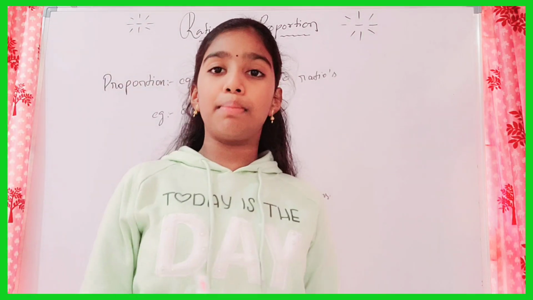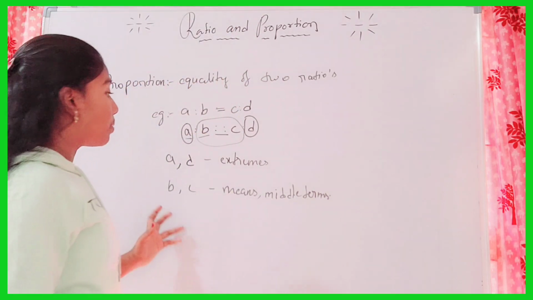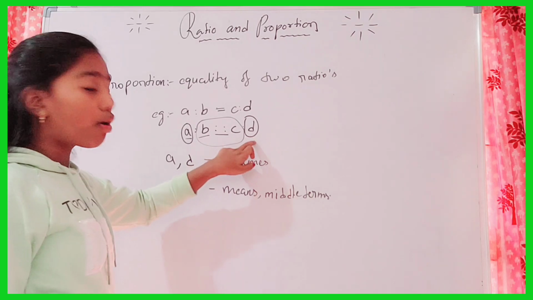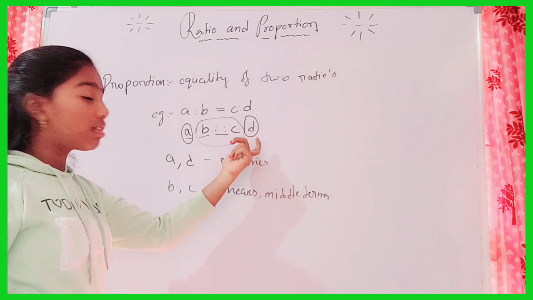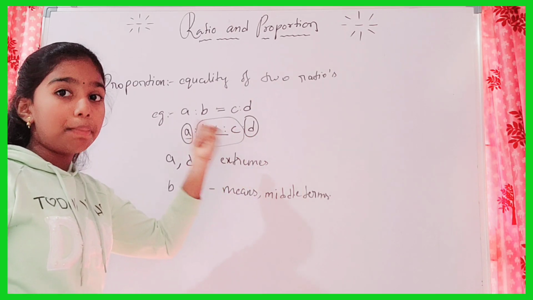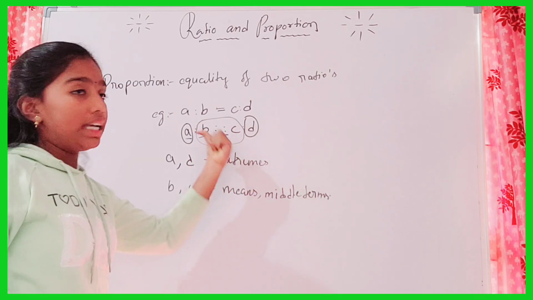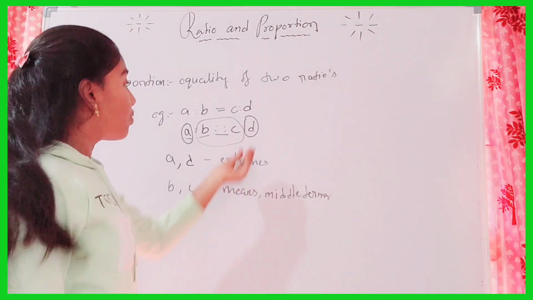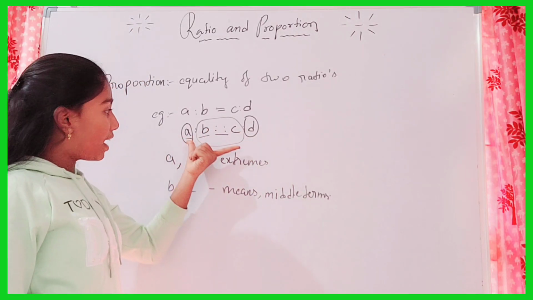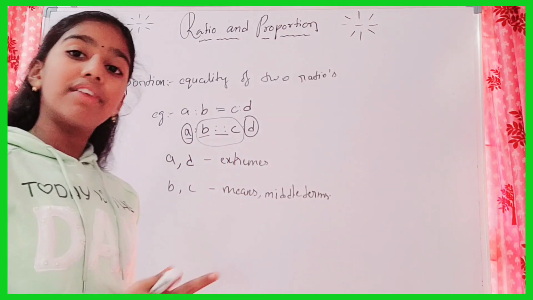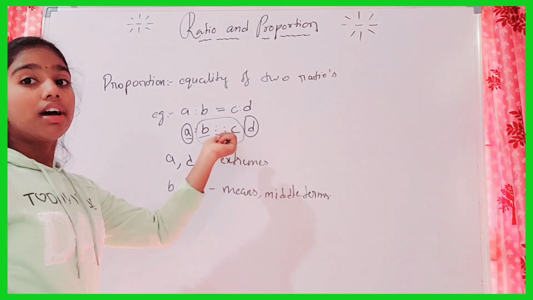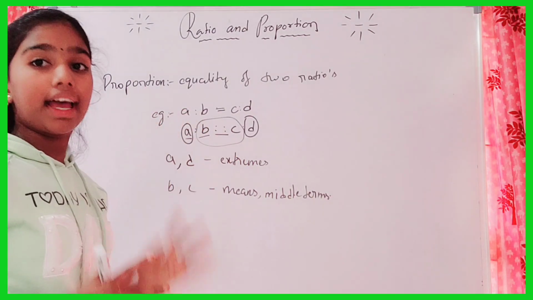Now, if we want D, we can find it using the other three. D is the fourth proportion of A, B and C.